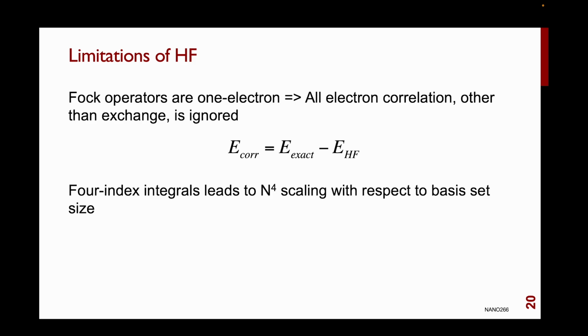There is electron-electron correlation that I'm not accounting for, okay? This is mainly the result of the Fock operators being one electron. So as a convention, when you hear the term electron correlation or the correlation energy, usually what people mean is the exact energy minus the Hartree Fock energy.